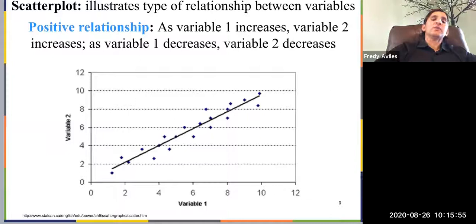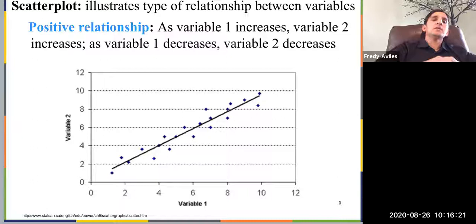If we look at one of those points, let's say the one at the very top and the upper right, when variable 1 is 10, it's about 10 there. If we go all the way to 10, we go to variable 2, see how far it goes. Variable 2 is about 10. The point is 10 for variable 2 and 10 for variable 1.